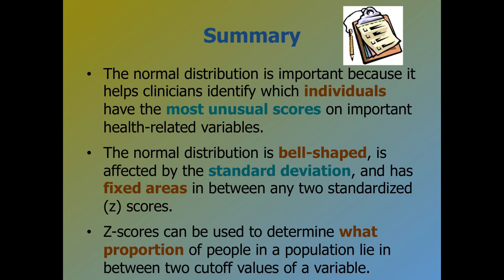Remember that the standard deviation affects the height or the width of the bell-shaped distribution. And by simply knowing the z-score, we can identify the proportion of people that fall above a certain z-score or below a certain z-score, or between two z-scores. Z-scores, again, are standardized scores. And this is it.